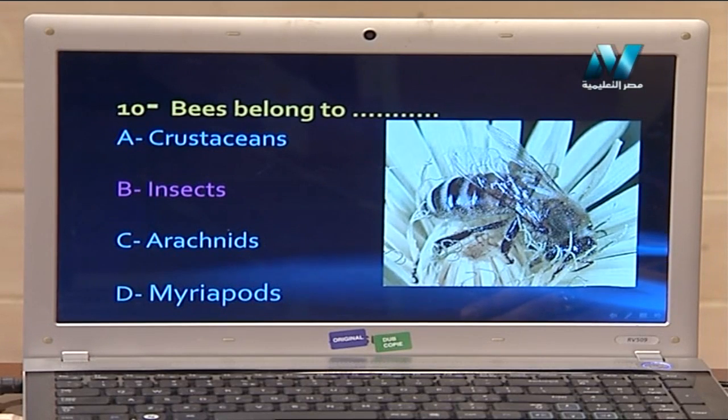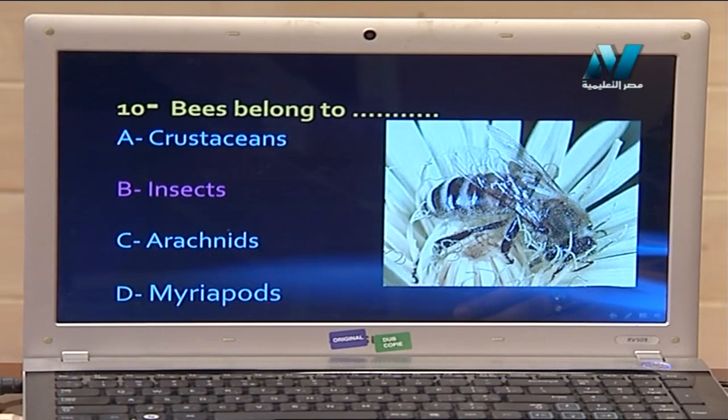Let's talk about the head. The head contains eyes, complex eyes, and antennae. And from the thorax are produced three pairs of jointed legs. Also the wings: some insects contain one pair of wings, and others contain two pairs of wings.